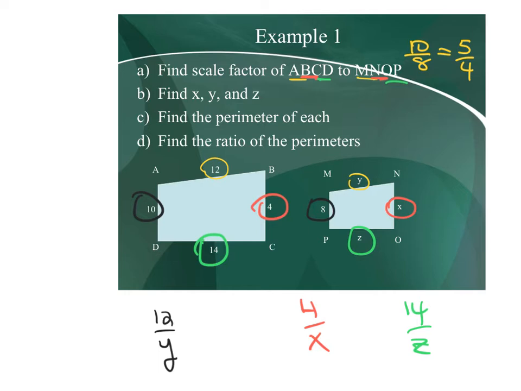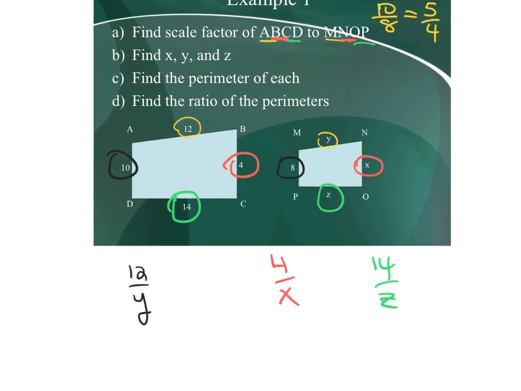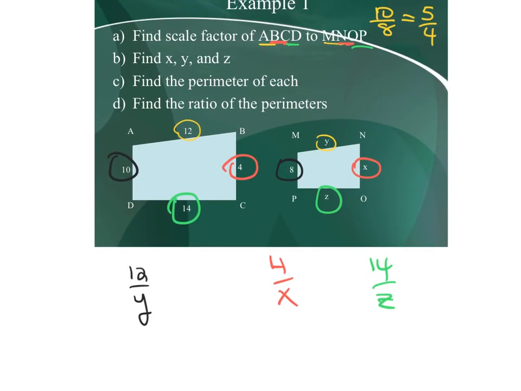It's 5 to 4. Now, to find the values or the lengths of X, Y, and Z, I'm going to set up a proportion. I'm going to use what I wrote at the bottom along with my scale factor. So let me go ahead and set up my proportions.